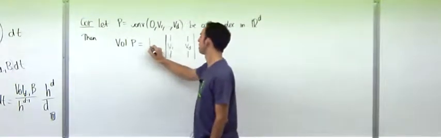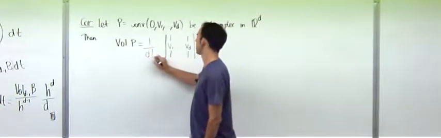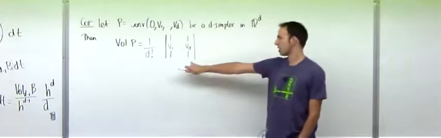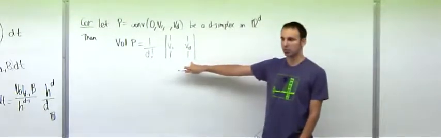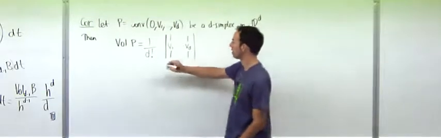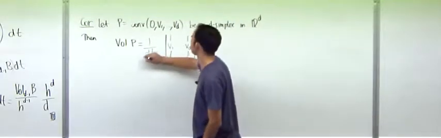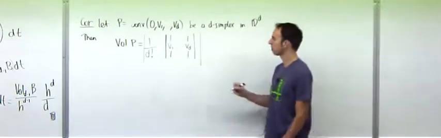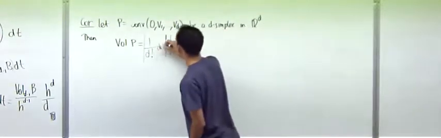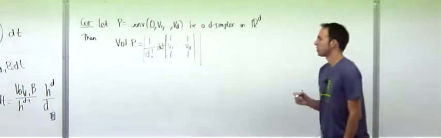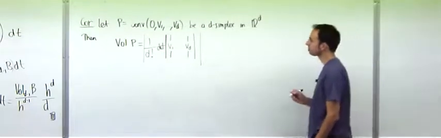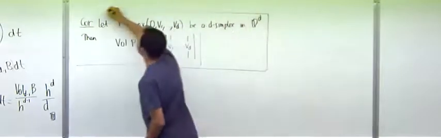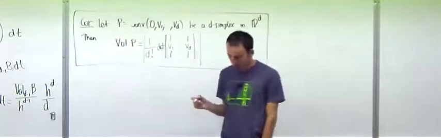One is divide by d factorial. And the other thing is that a determinant might be negative, and you don't want to have negative volumes, so you just take the absolute value of this thing. Okay? So that's the formula. Okay, so how do we prove this?